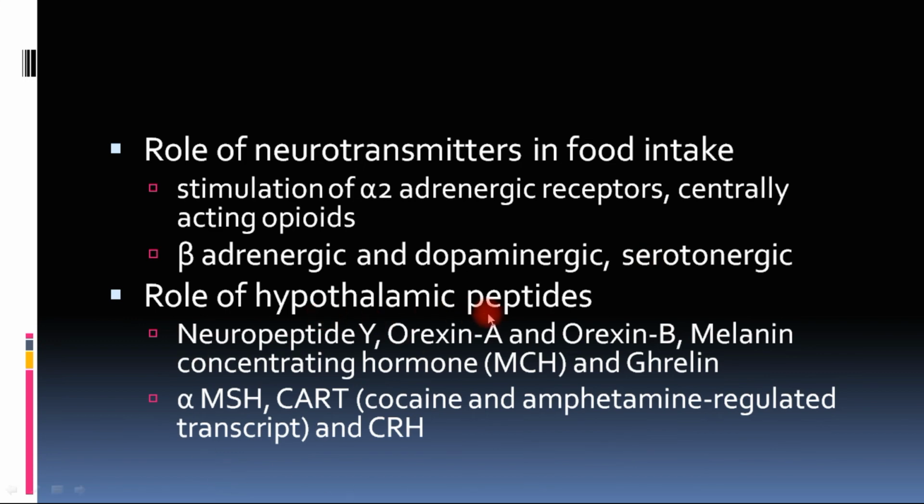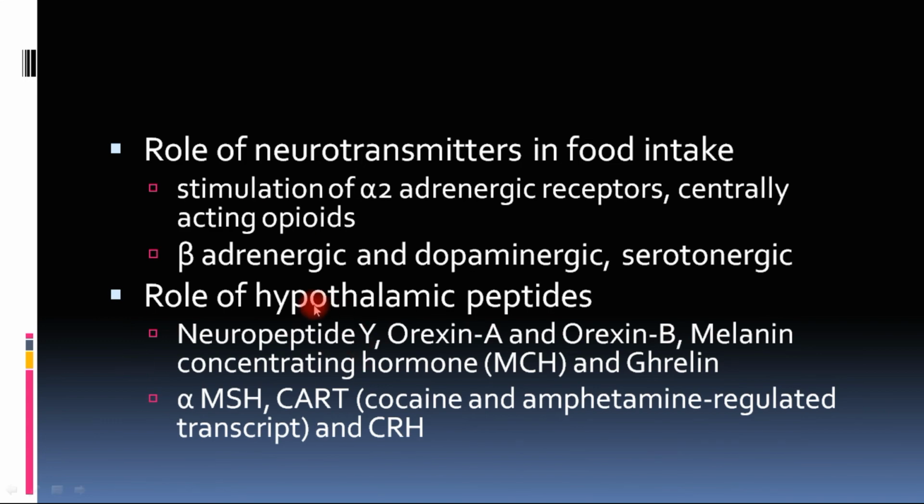Among the hypothalamic peptides, neuropeptide Y, orexin A, orexin B, melanin concentrating hormone and ghrelin all increase food intake when they are released. Whereas alpha MSH, CART, that is cocaine and amphetamine regulated transcript, and corticotropin releasing hormone inhibit the feeding center.